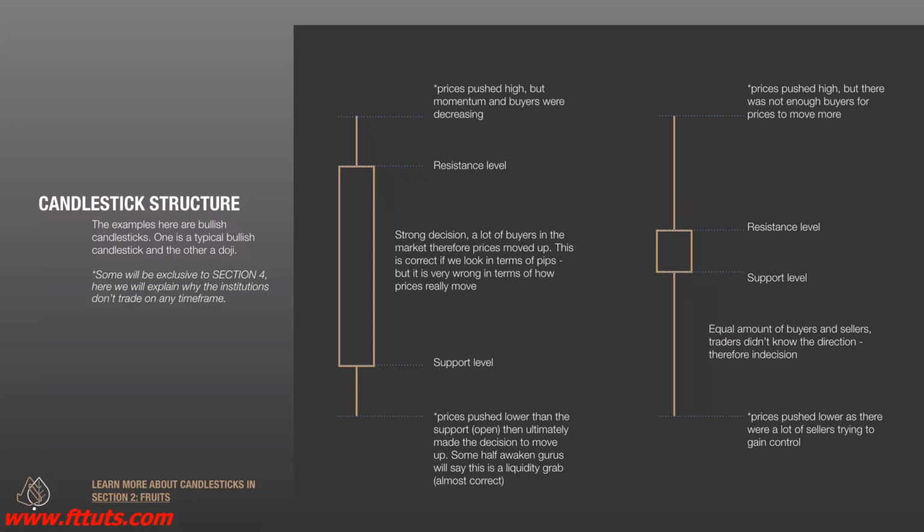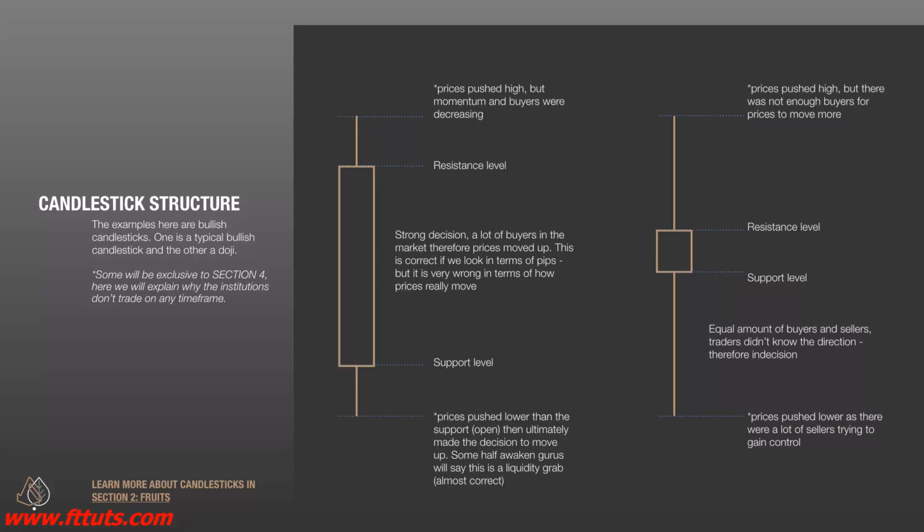This is correct if we look in terms of pips, but it is very wrong in terms of how prices actually move. Then you have the support level of the candlestick. Then the last one, which is the lowest point, prices pushed lower than the support open, which is the open of the candlestick, then ultimately made the decision to move back up. Okay? Some half-awakened gurus will actually call this a liquidity grab. It's almost correct, but not there yet.